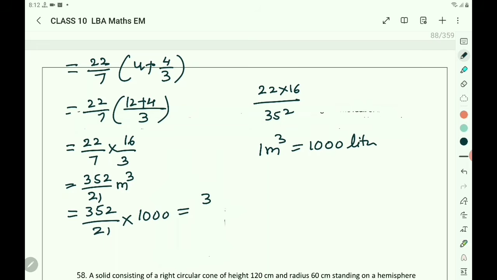That becomes 352 into 1000, that is 3,52,000 by 21. Then you divide 3,52,000 by 21. 21 ones are 21. 5 minus 1 is 4. 3 minus 2 is 1. Then you take 2.